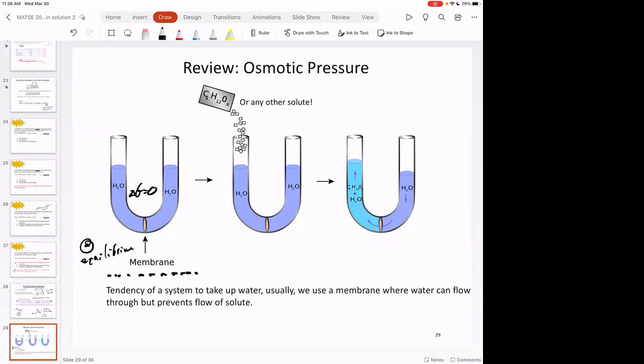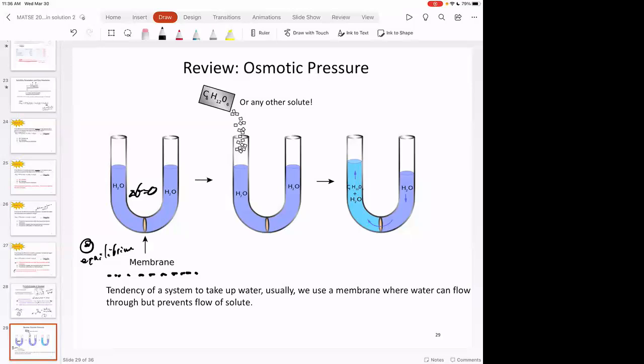The chemical potential of water on both sides of the membrane is equal, right? That's the definition of equilibrium, or we can say the concentration of water on both sides of the membrane is equal. Concentration is an approximation of chemical potential, but formally, remember when you did all those mu1, mu2, chemical potential is the same on each side of the membrane. Equilibrium. Nothing's happening except for Brownian motion, self-diffusion, molecular motions, all of that stuff.